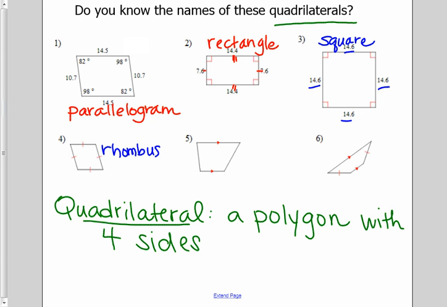Number five here, this is still four sides, right? But if you notice, one of the sides is really slanted. We have a set of these, the symbol here means parallel lines. Okay, and so this type of shape, you might have heard of this before, this is called a trapezoid.